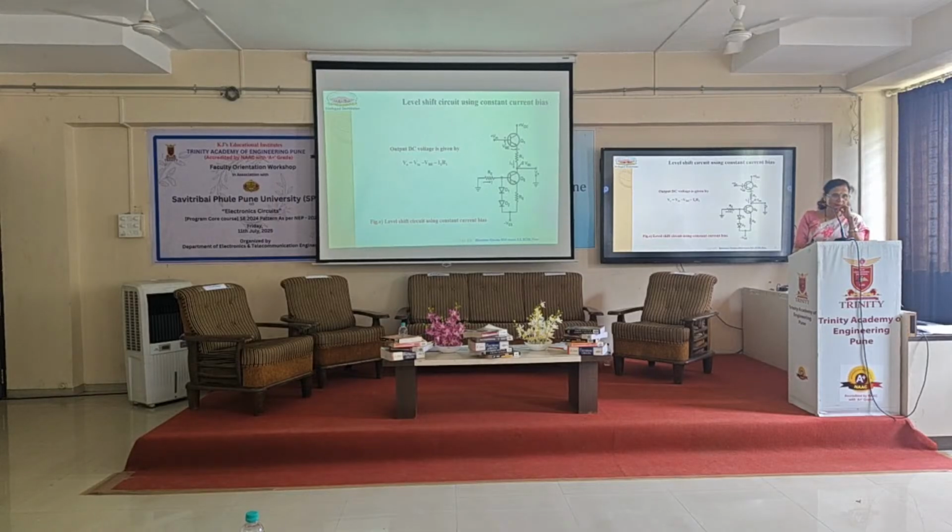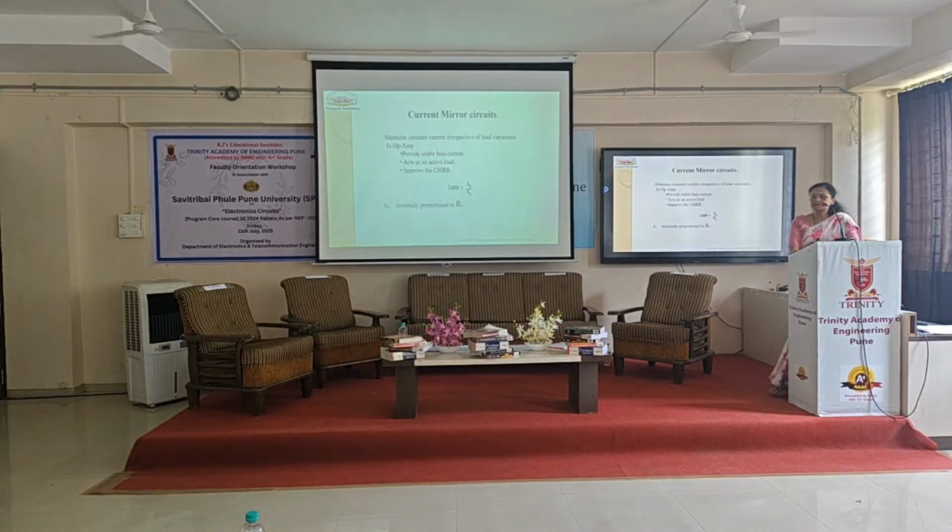Constant current bias, not to go in detail about it. But next point is related to the current mirror circuit. We are supposed to go in detail about it. It is mentioned in the syllabus.